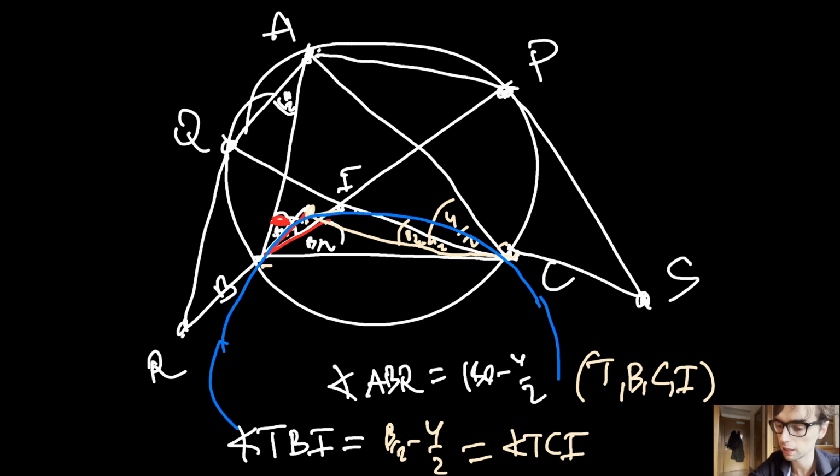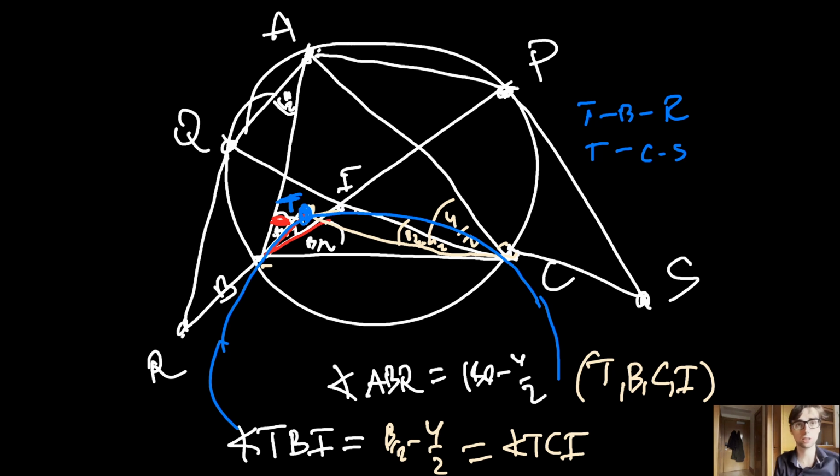And we must show that R, T, I, S is concyclic. Note also that T, B, R are on the same line and T, C, S are on the same line.